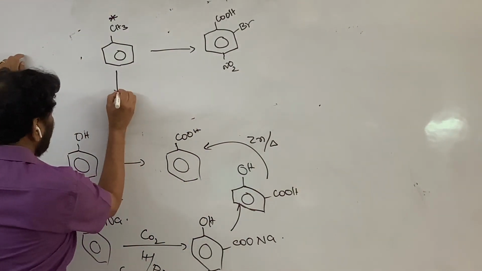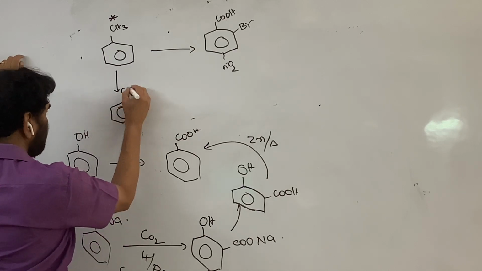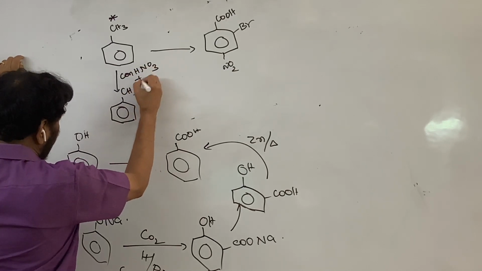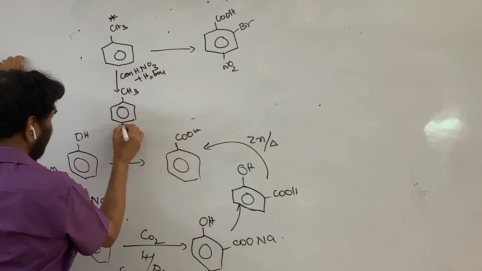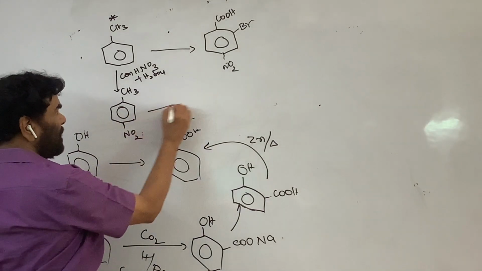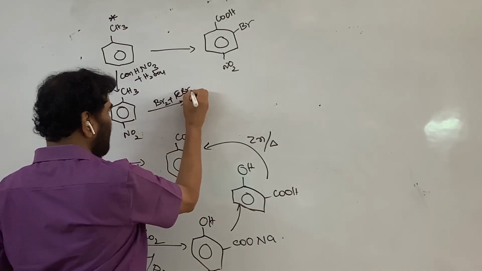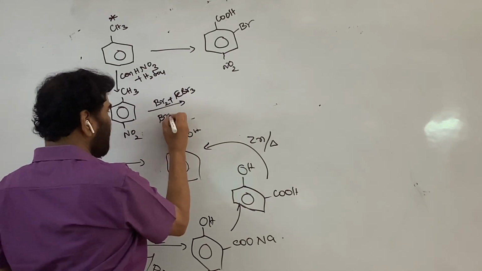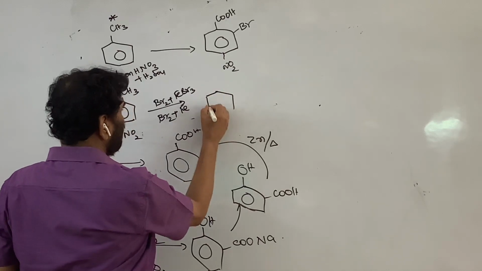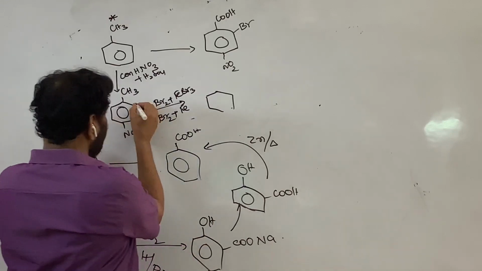Let me first convert it. Right. So the nitrating agent, I need not write again and again, that is HNO3 and H2SO4 with heating, so the nitro group is introduced. Now introduce bromine plus iron powder, same thing. This is directing to the ortho position, this is directing to the beta position, reinforced.